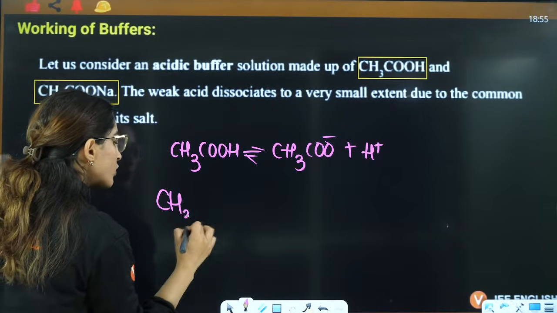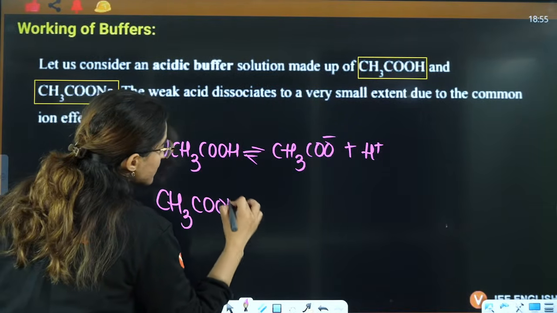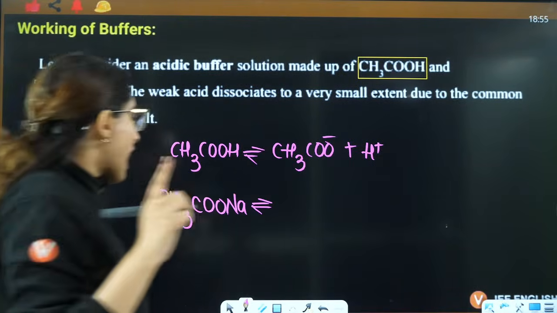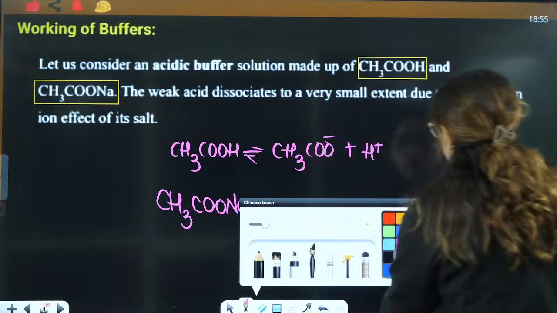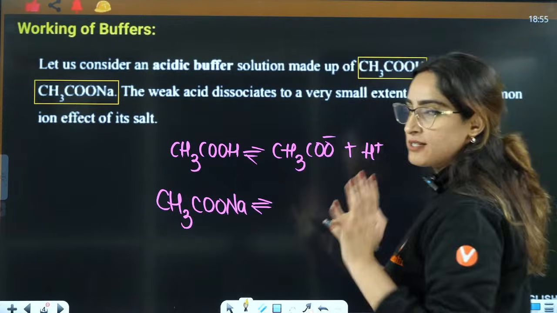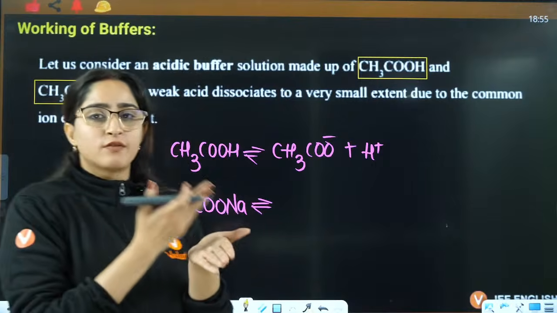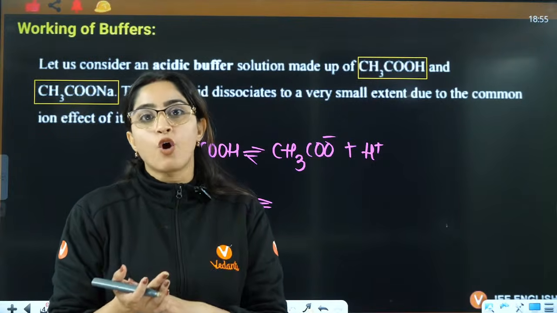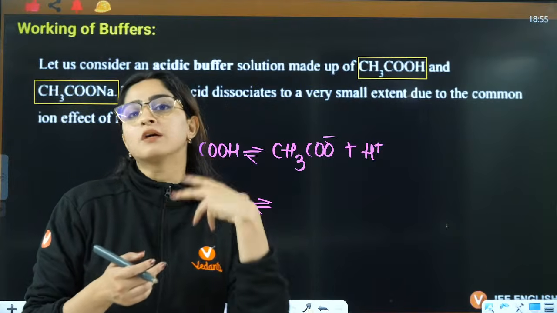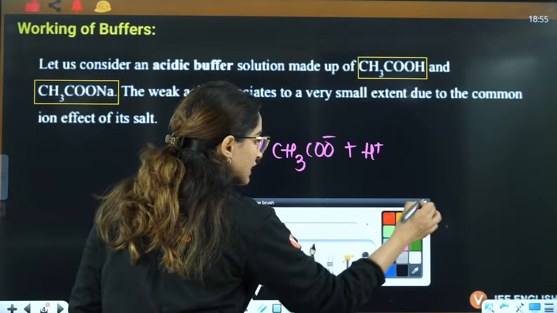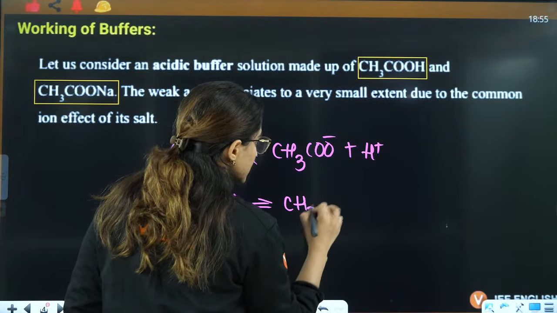Now, do you remember one thing that I told you? I told you that all the salts are strong electrolytes, whether it is formed from weak acid, weak base, strong acid or strong base, a salt will always be a strong electrolyte, right? So it is going to dissociate 100% here, right?